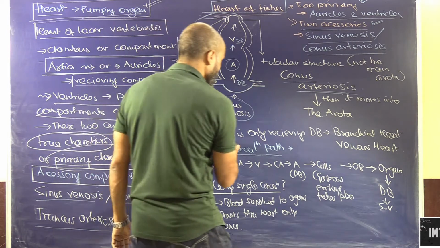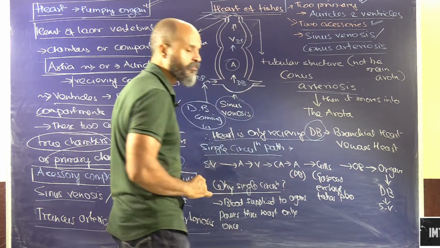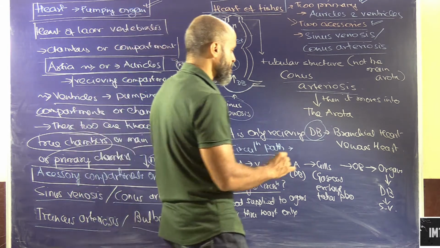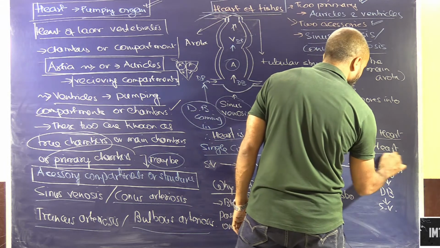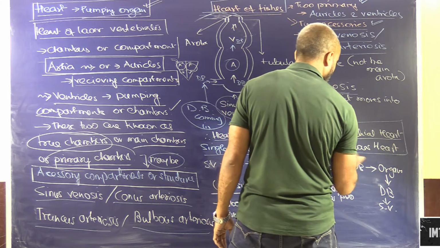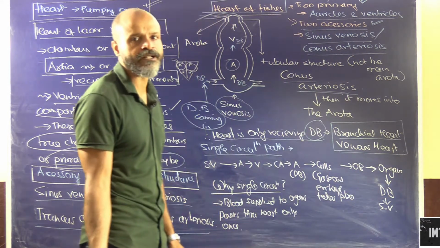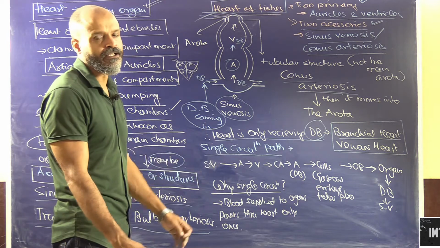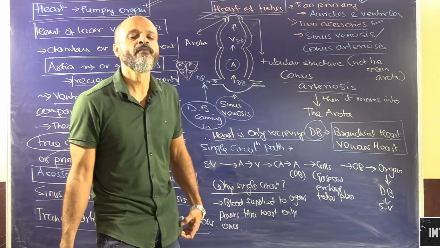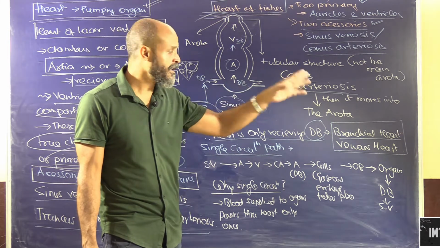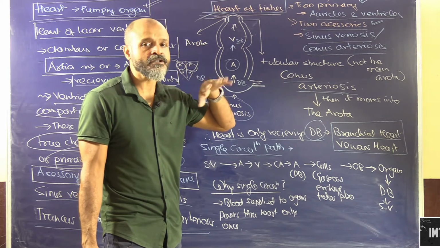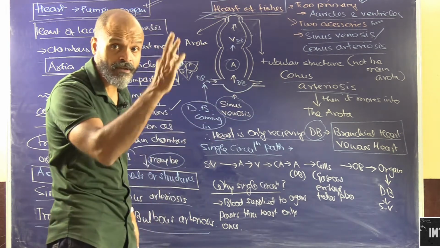So the heart is only receiving deoxygenated blood. This is known as branchial heart or venous heart. Why? Because it is just receiving deoxygenated blood. Our heart is not a venous heart, because it is receiving oxygenated blood as well from the lungs.